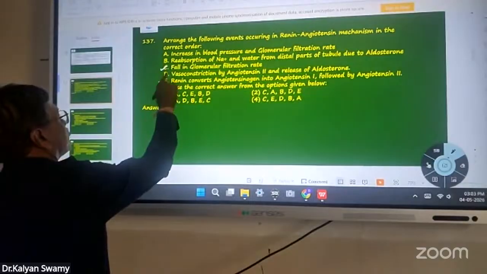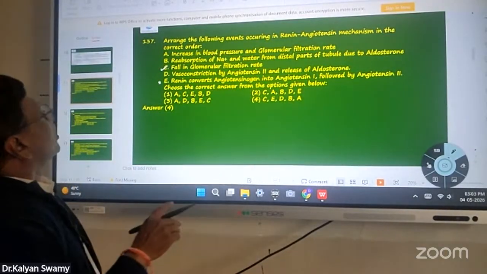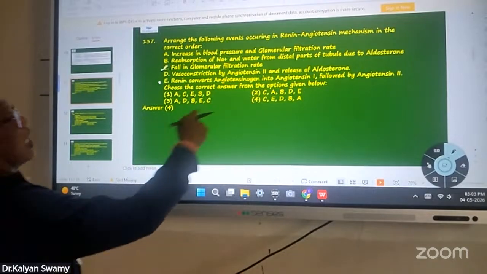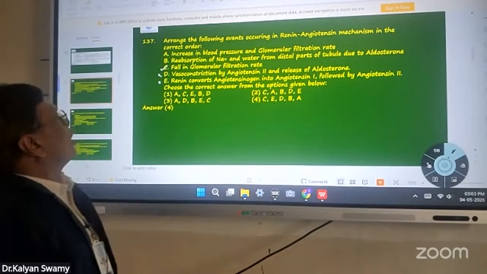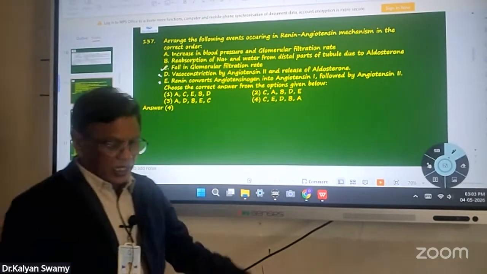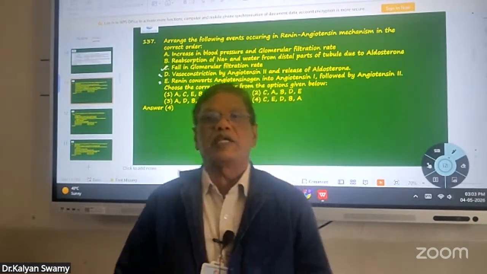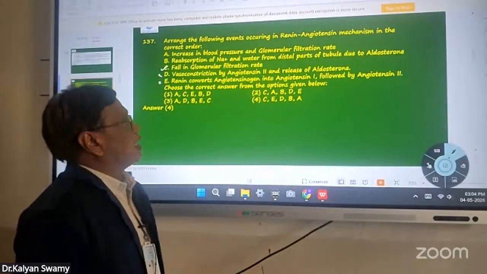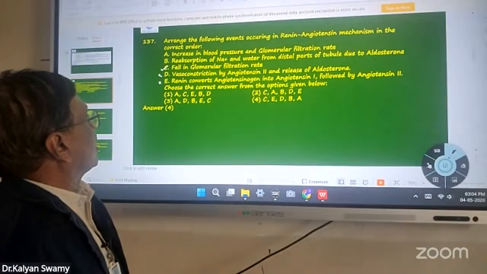Second comes this. Then angiotensin is a powerful vasoconstrictor and stimulates the adrenal gland causing the release of aldosterone. Then aldosterone increases, as in the previous question we discussed, the reabsorption of water and sodium ions in the distal parts of the nephron.